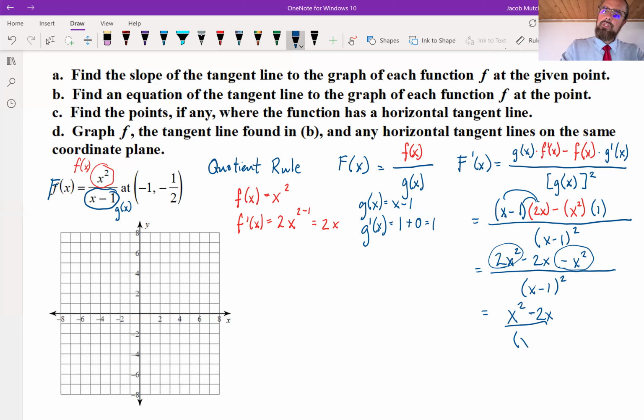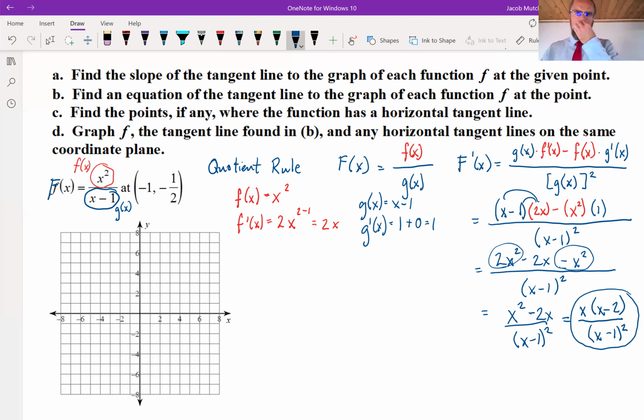And then just to help out with our next task, I'm going to factor that numerator to be x times x minus 2. So I see there's no cancellations, there's no removable discontinuities here. And that's my derivative of the original function.